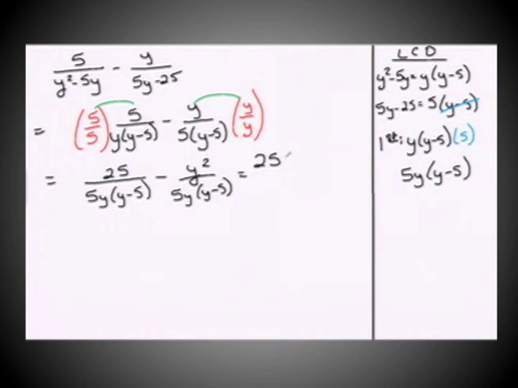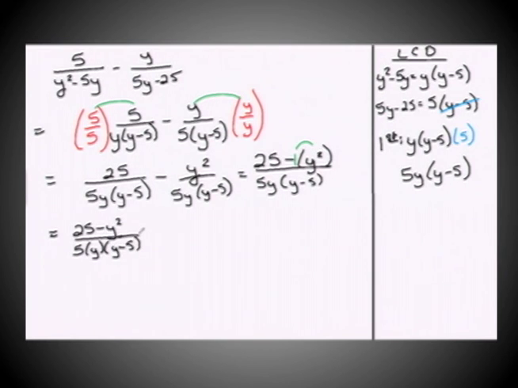So 25 minus, now normally you'd want to use parentheses here because you may have a polynomial that negative needs to distribute to. So I'll just go ahead and write the y squared in parentheses there. And that's over our common denominator of 5y times y minus 5. So there is an understood -1 that gets multiplied with that y squared, giving us 25 minus y squared over 5 times y minus 5.